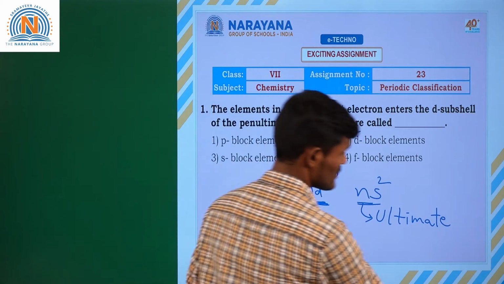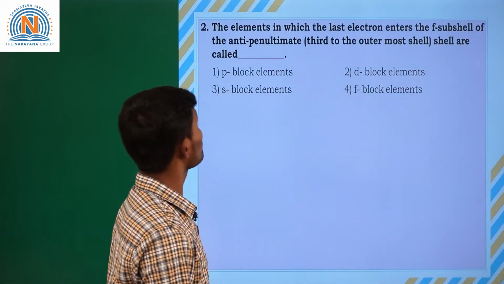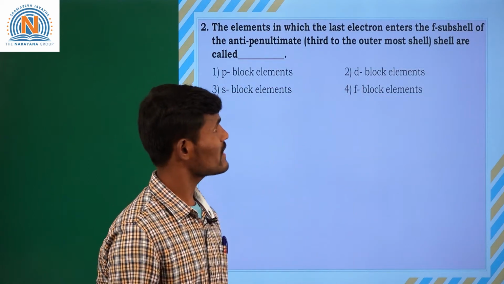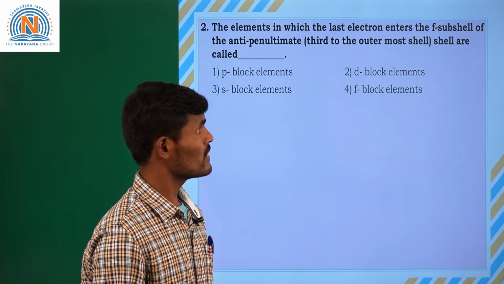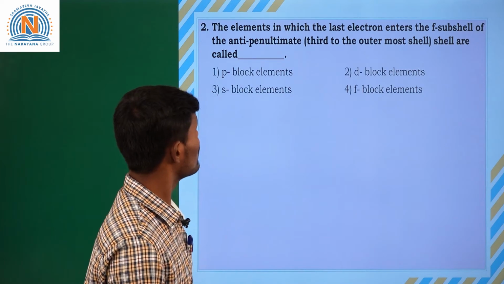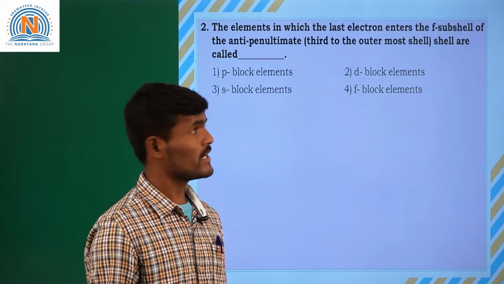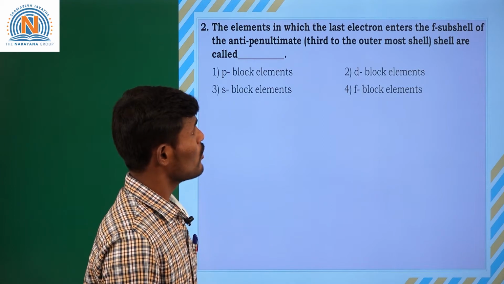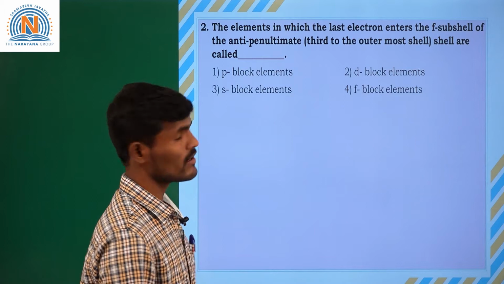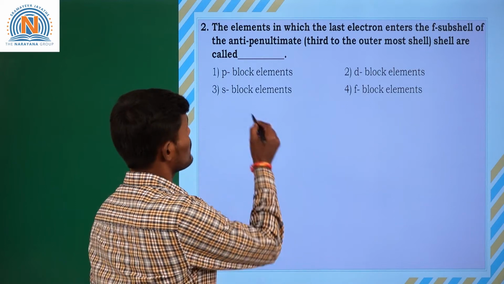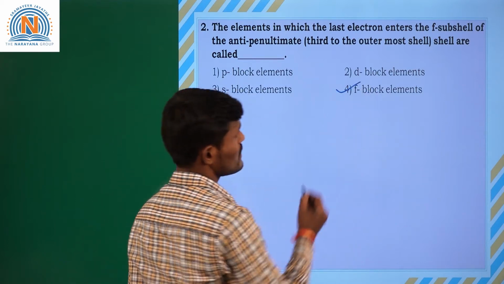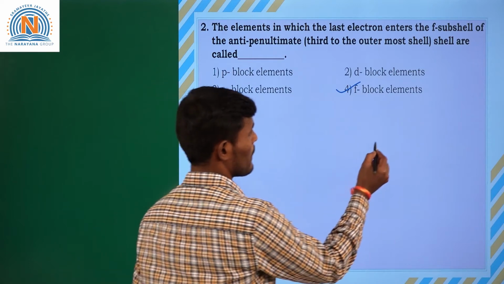Next, come to the second question. The elements in which the last electron enters the f subshell of the anti-penultimate, third to outermost shell, are called. Those are f block elements. How is it? Now let us see.